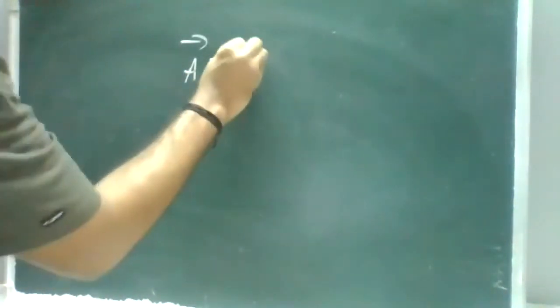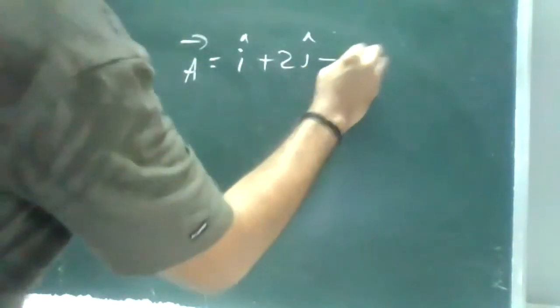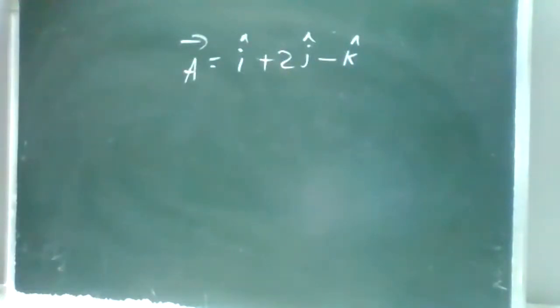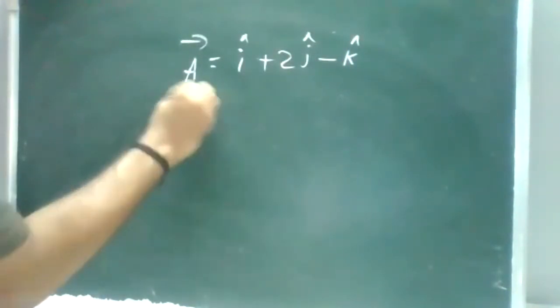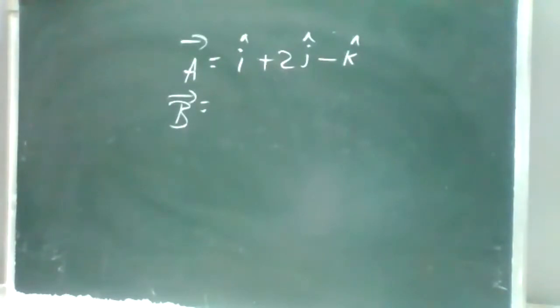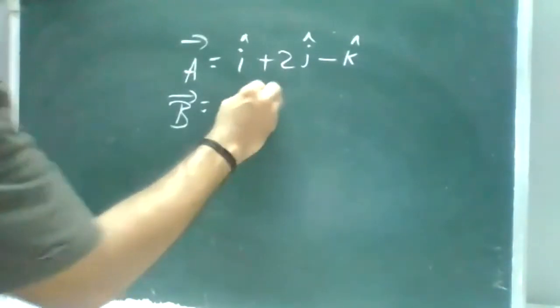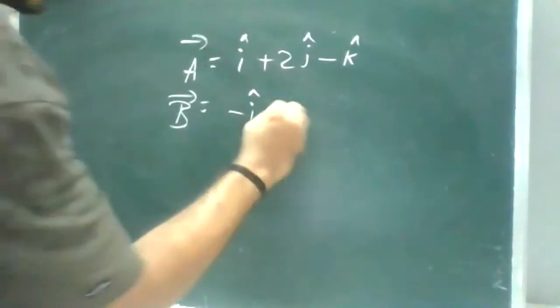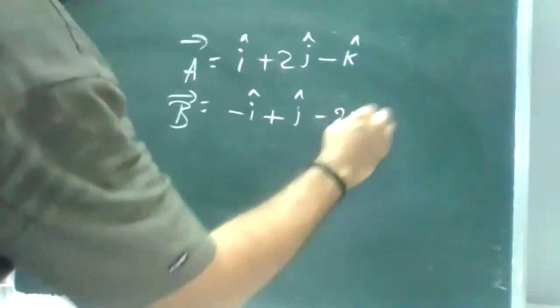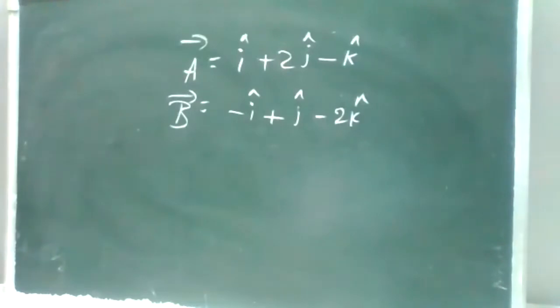Okay, so find the angle between the two vectors. A vector equal to i cap plus 2j cap minus k cap, and B vector equal to minus i cap plus j cap minus 2k cap.